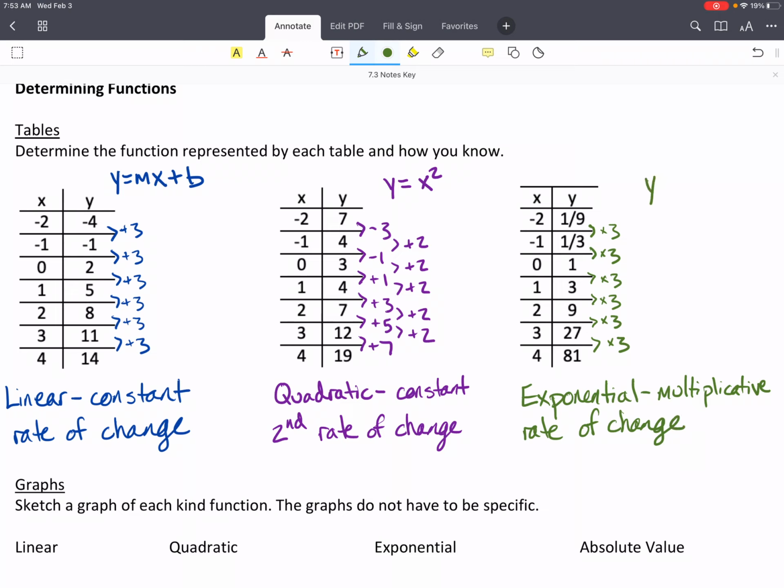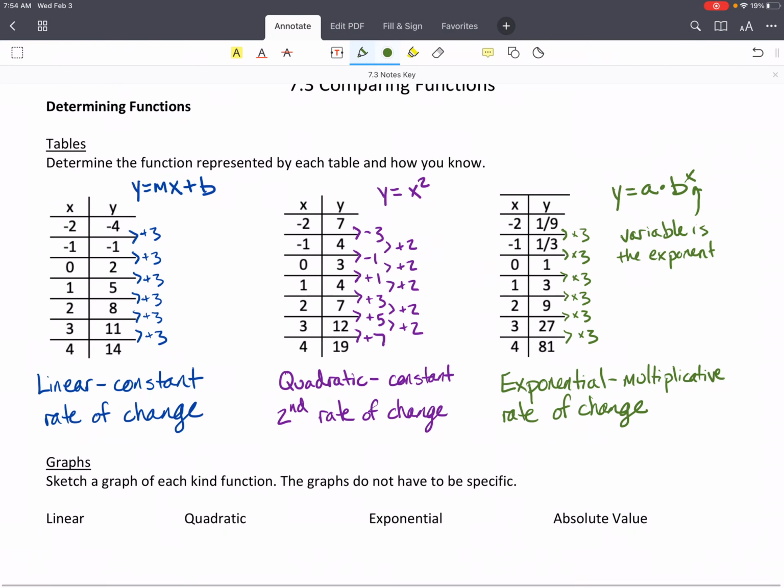And our equation for that is y equals a times b to the x. Something to keep in mind there is that the variable is the exponent. Okay, that's how we can tell with tables.